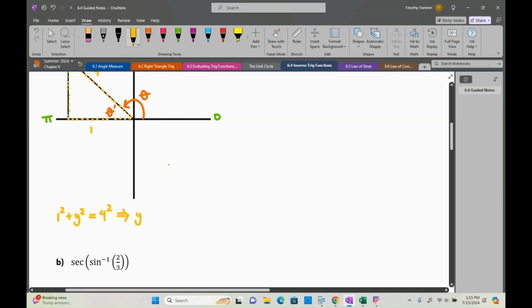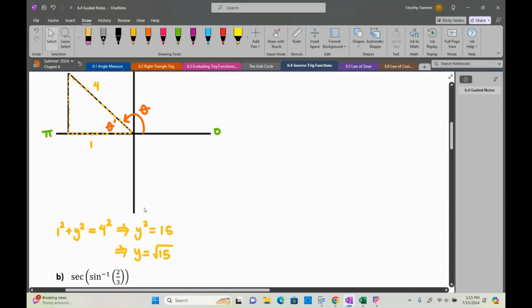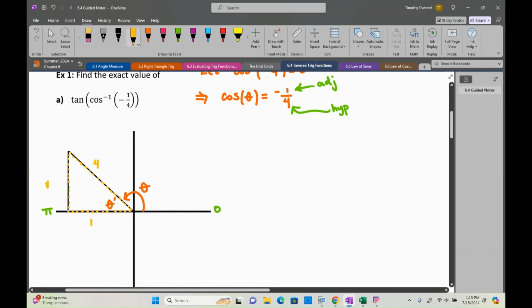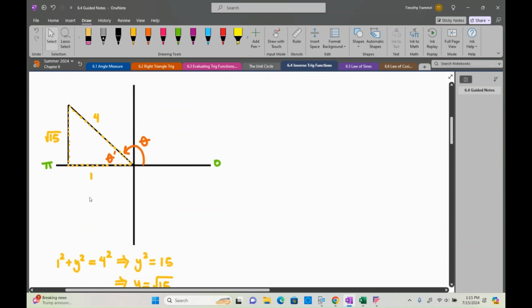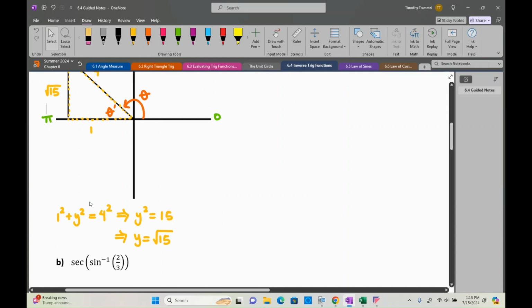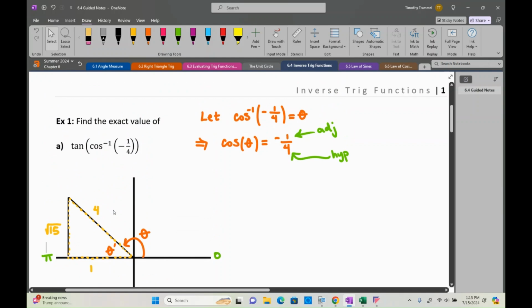So this means that y squared is equal to 16 minus 1, which is 15. And so y is just equal to the square root of 15. And we can write that in here. There we go. And so we've actually done all of the hard work right here in drawing this picture.